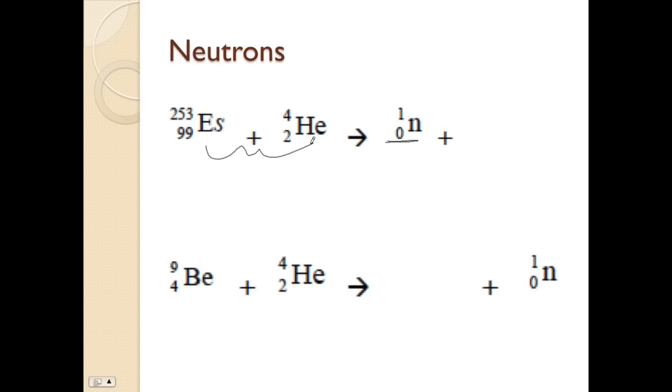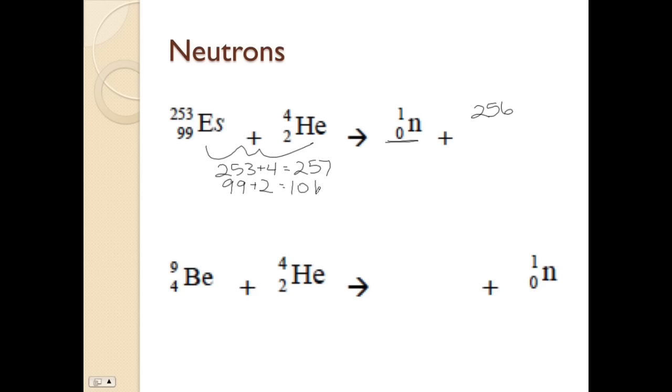So I've got 253 plus 4. On the reactant side, we have 257. That means on the product side, we also want 257. So far we've got 1, so the other number needs to be 256. We've got 99 plus 2 is 101.